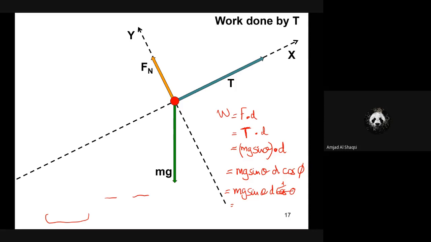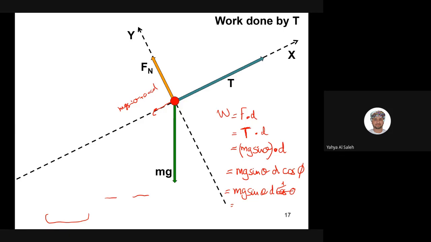At minimum, it needs to be equal to mg sine theta, in the opposite direction. At the very least, it needs to balance this to be able to pull it up.